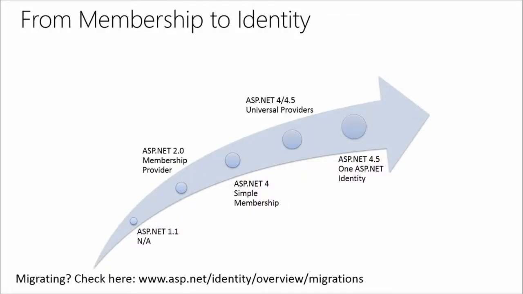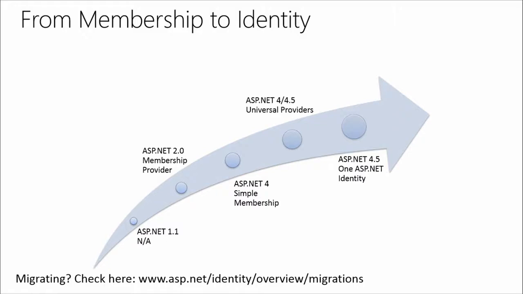We really made a lot of effort with this new release to do one ASP.NET Identity system. This is a system designed to solve all the problems. It still needs to support username and password login. It also needs to be testable. It needs to be extensible.